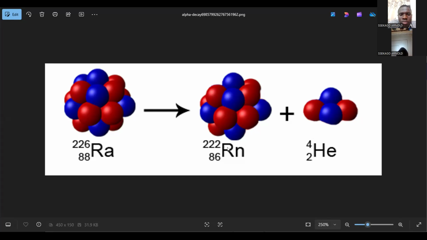This is radium decaying to give us radon. So to obtain how this element will look like, you get the atomic mass of the first element, which was radium here, and you remove 4. That is the atomic mass. You remove 4 so that you obtain the new atomic mass. Then for the atomic number, you remove 2 so that you get the new atomic number.